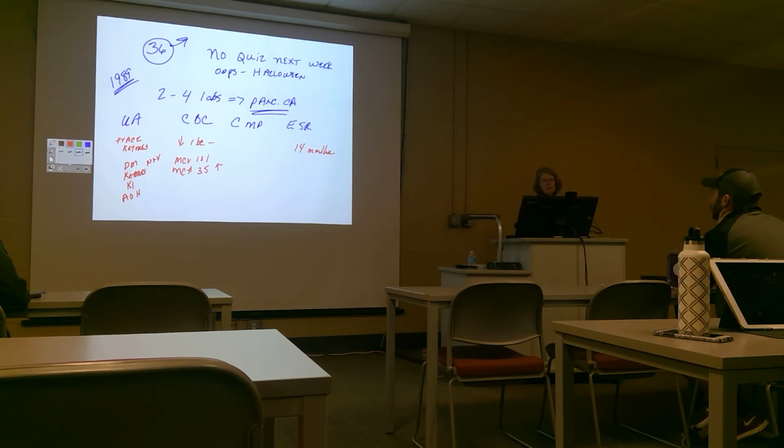Decreased red blood cell count is anemia, right? It wasn't wildly low, but it was decreased, so it still counts in a fella. It's just not normal. Hemoglobin was 15, so it was still normal for our range, just on the low end of normal. But mean cell volume, normal is 80 to 100.